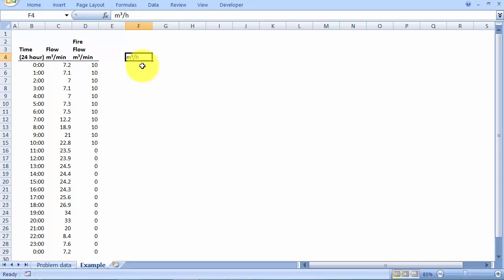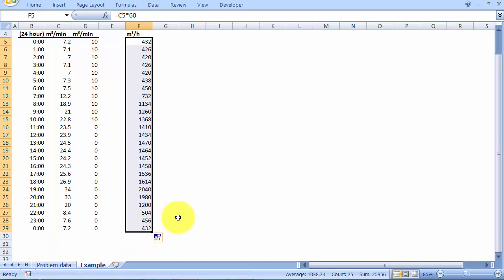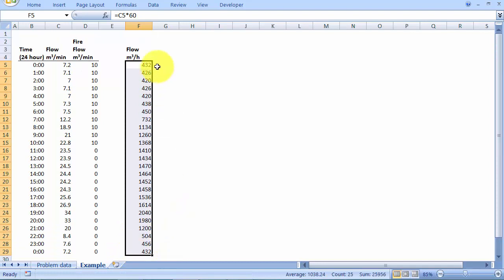That cubed symbol, by the way, is hold down Alt and hit 0179 on the number pad. Okay, and this is our flow, and we have the meters cubed per minute rate times 60 is the meters cubed per hour rate. I'll copy that down for all of those hours.